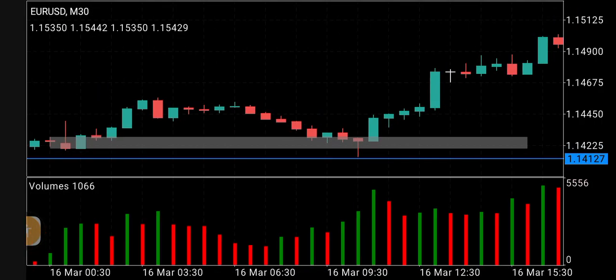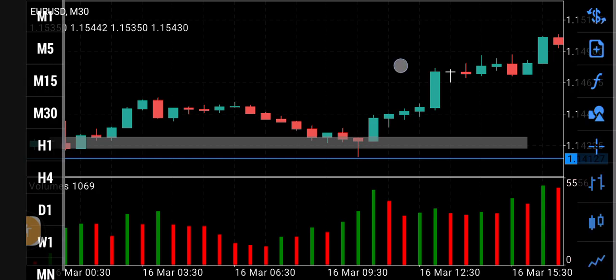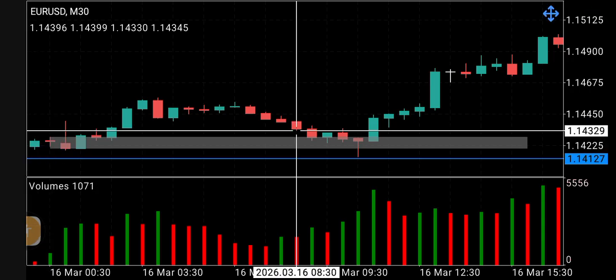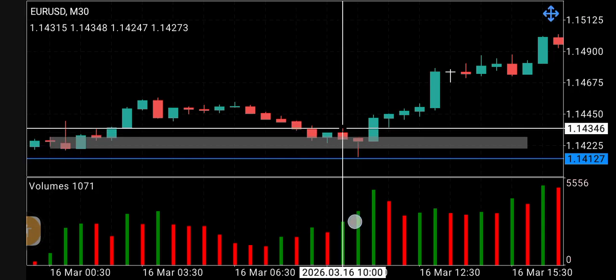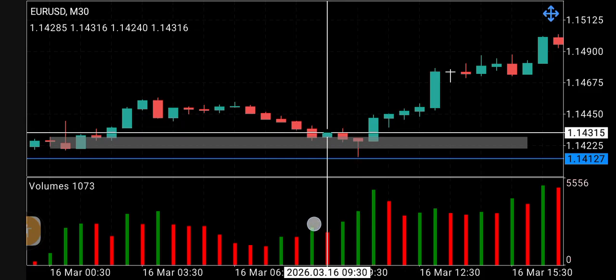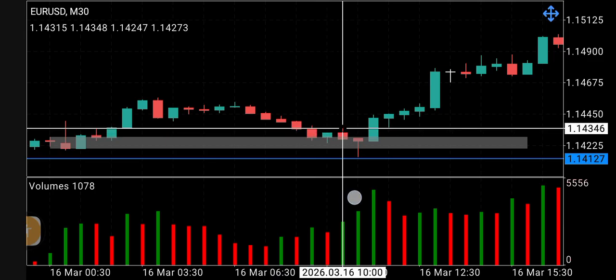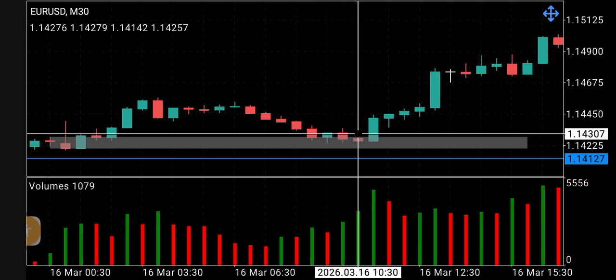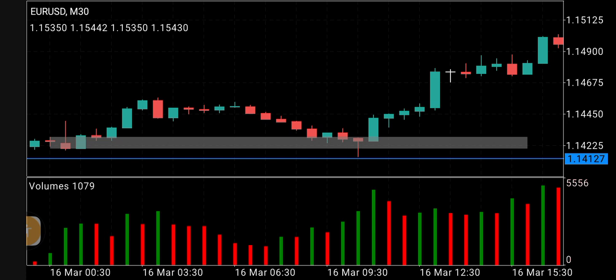If we add our volume, look at the volume here. So everything is working with volume. Somebody would have avoided this here. So all aligned in our favor.